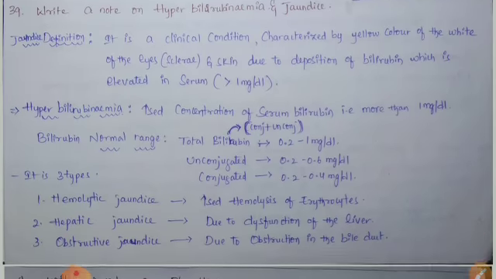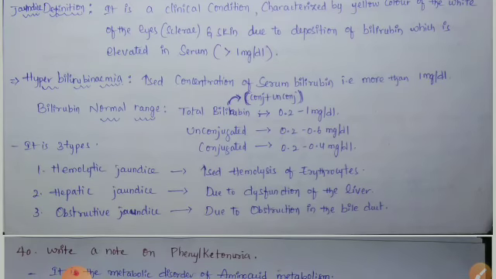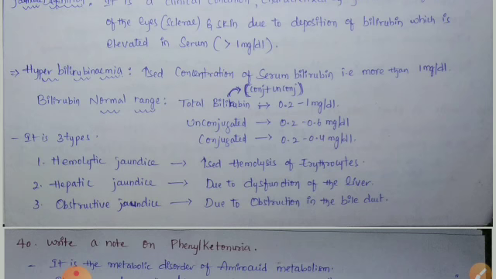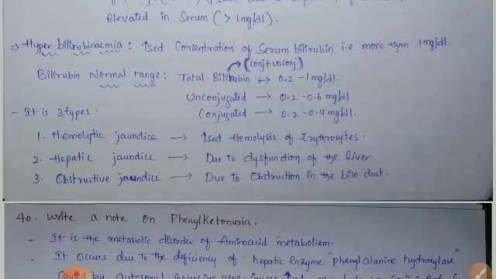Hyperbilirubinemia is nothing but increased concentration of serum bilirubin, more than 1 mg per dl. The normal total bilirubin concentration must be 0.2 to 1 mg per dl. Unconjugated bilirubin is in the range of 0.2 to 0.6 mg per dl.